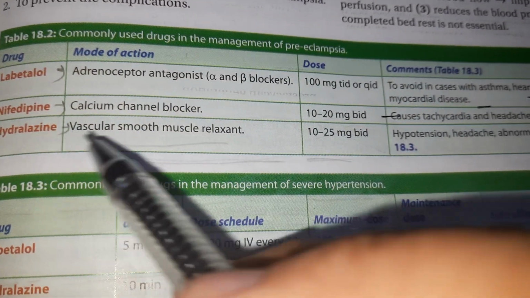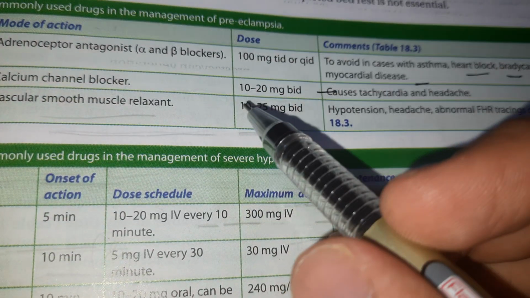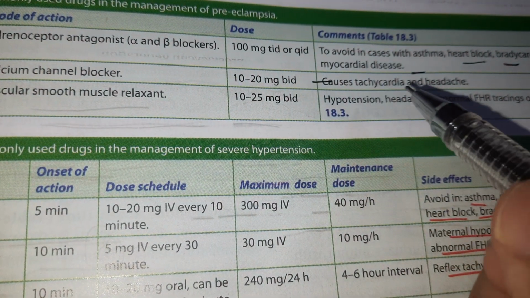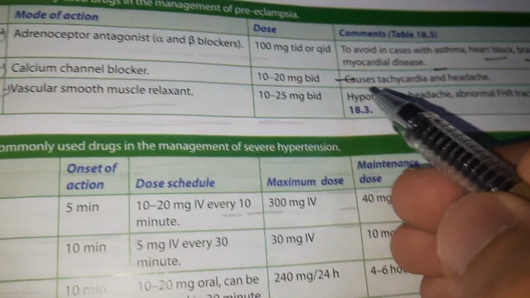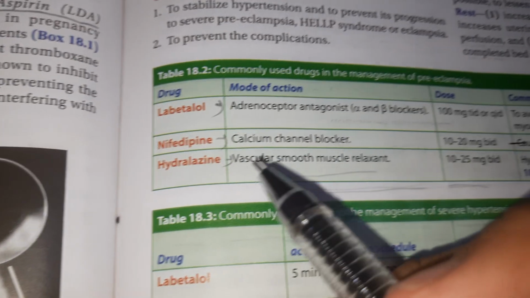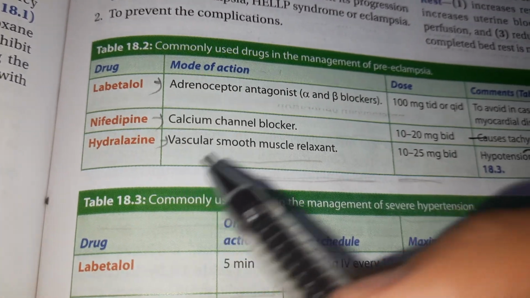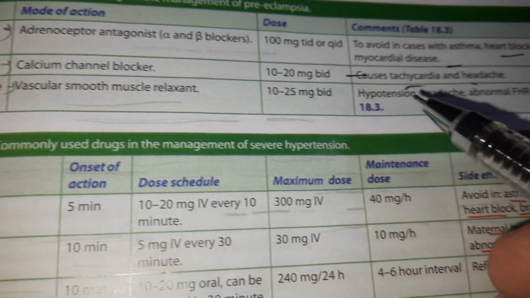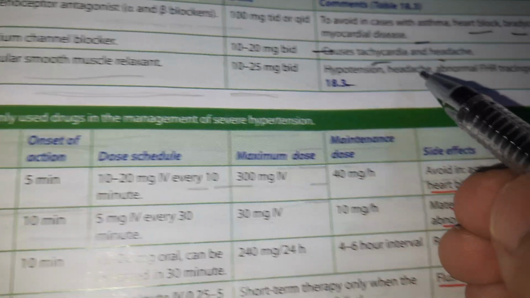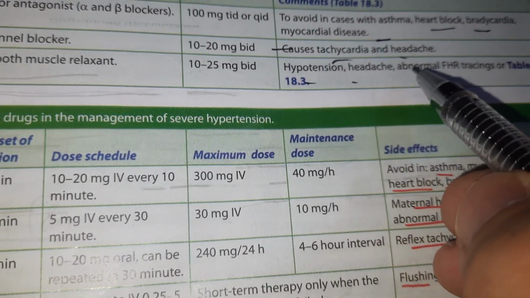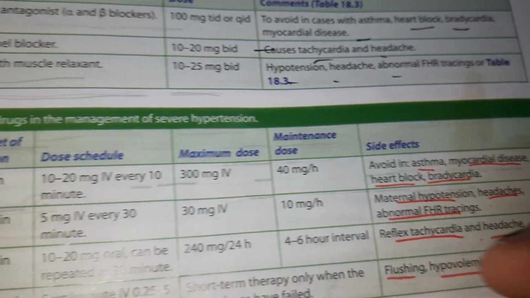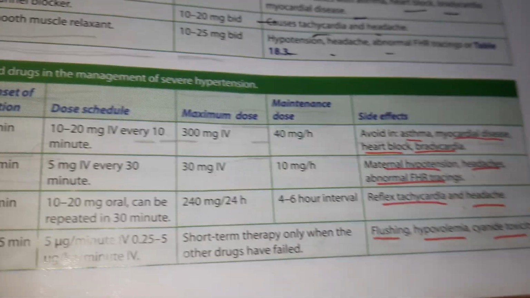Nifedipine is a calcium channel blocker. It is used 10 to 20 milligram 2 times daily, and it causes tachycardia and headache. And we have hydralazine, a smooth muscle relaxant, which causes maternal hypotension, headache, and abnormal fetal heart tracing.